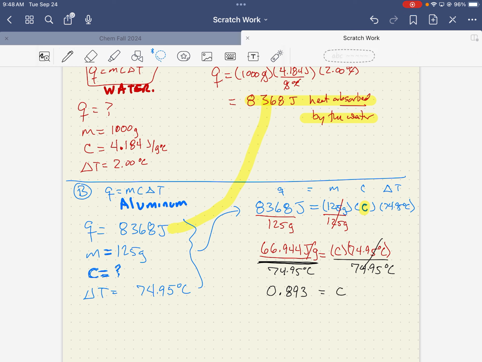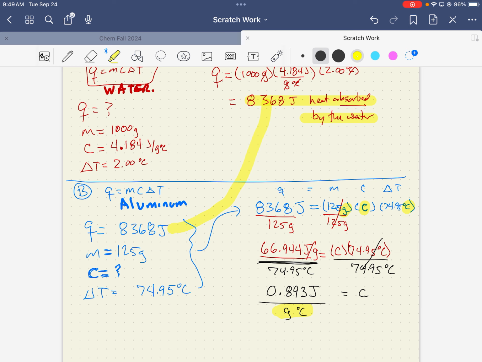My units are going to be joules divided by grams times degrees Celsius. So another way to look at the units, if you're a little bit confused by that, is joules per gram per degree Celsius. Notice at the first, I could have multiplied those two numbers together and gotten gram degree Celsius and divided by that number.